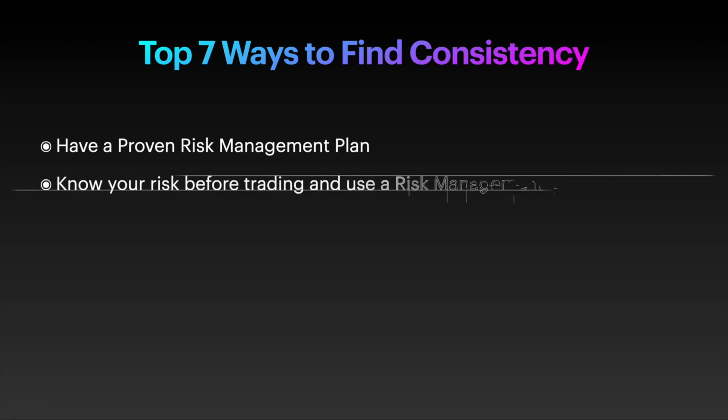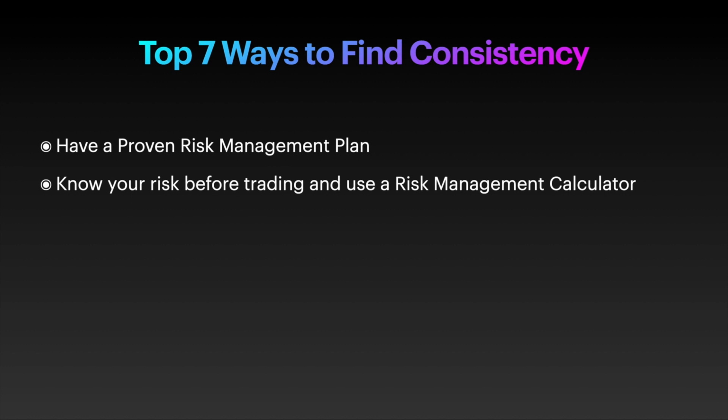The second thing is know your risk before trading. You should know what your risk is before every single trade. Also, use a simple tool like a risk management calculator. If you use MetaTrader 4 or MetaTrader 5, there are hundreds of risk management calculators that you can use to manage your risk.